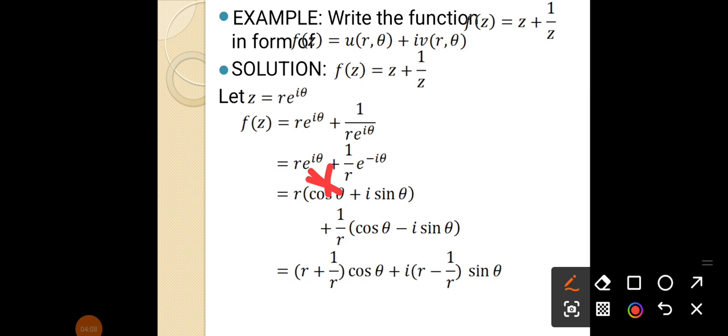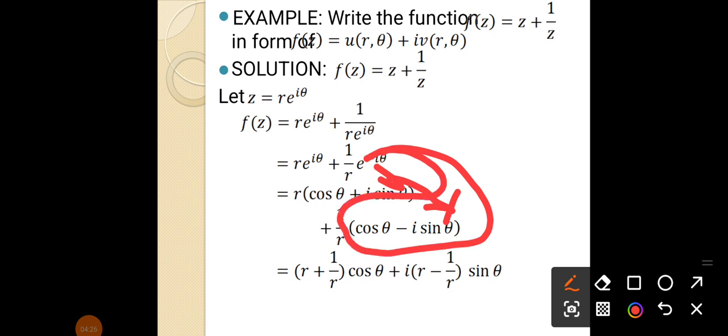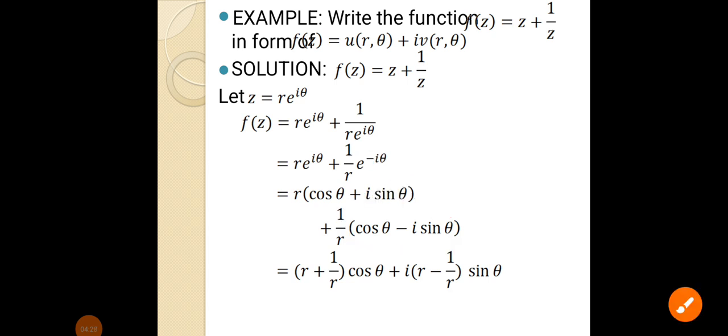Euler's formula is e raised to i theta is equal to cos theta plus i sin theta, and the second is e raised to minus i theta is equal to cos theta minus i sin theta. We are using both Euler's formulas here. The next step will be r into cos theta plus i sin theta plus 1 upon r into cos theta minus i sin theta.